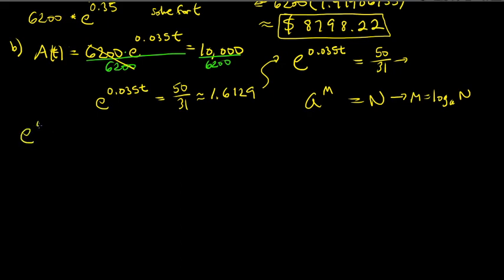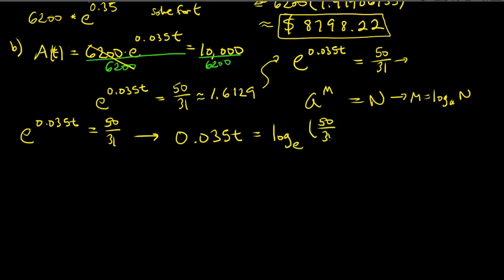So here's the equation one last time. When we convert to a logarithm, we get 0.035 times t equals log base e of 50 over 31. Remember, log base e is natural log, ln.